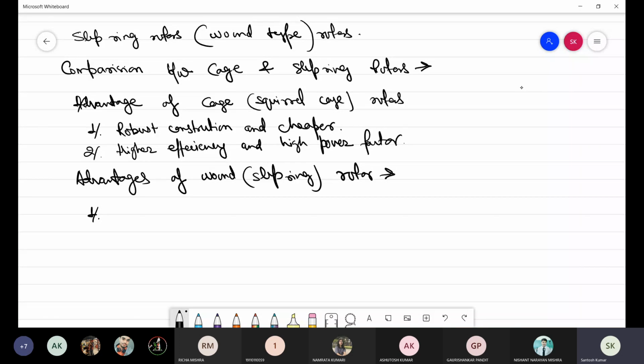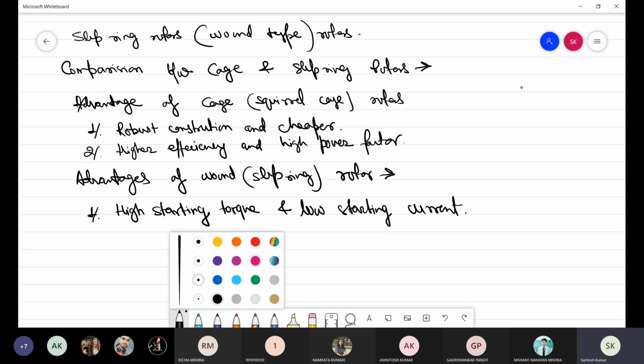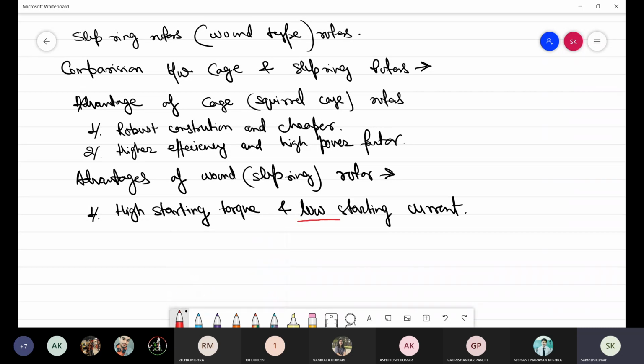This is a very important thing which we have to discuss, और इसी पर फिर आगे का सारा टॉपिक रहेगा. High starting torque, and साथ ही साथ low starting current. Both are necessary features of a motor.